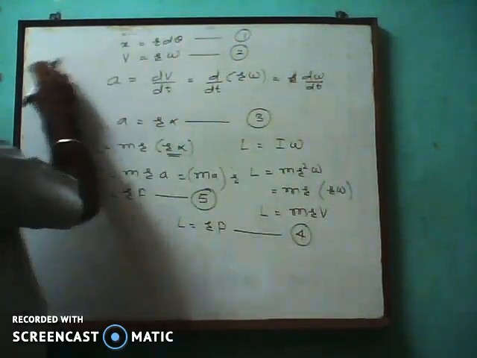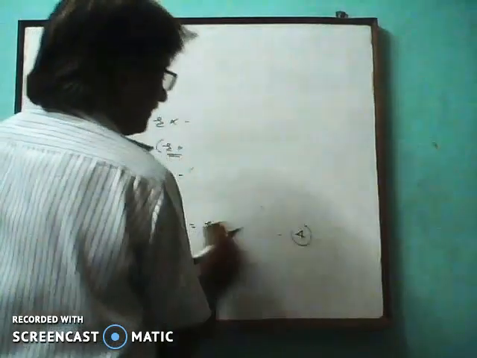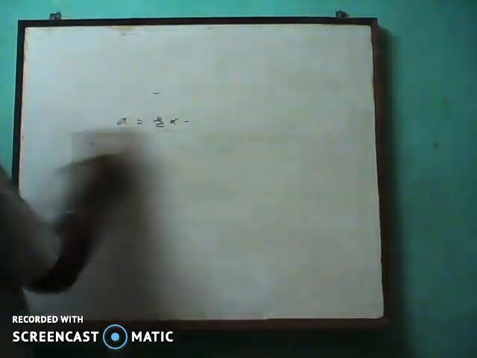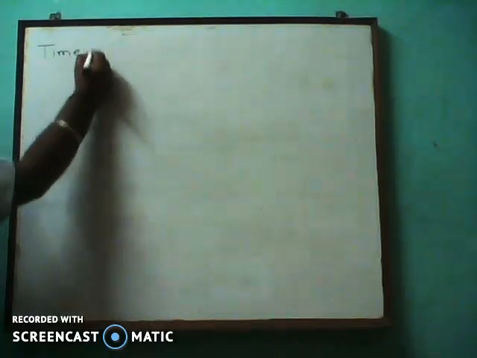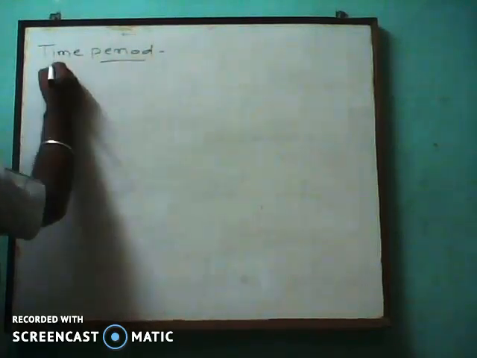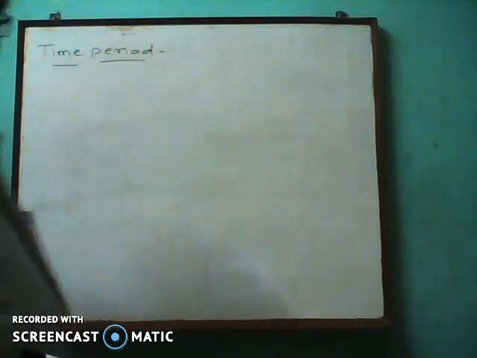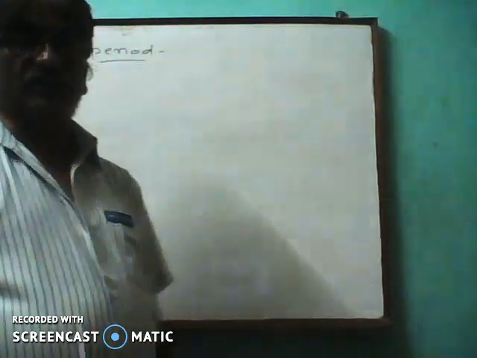Also see the formula for time period and frequency. Here time period is the time taken by the particle to complete one revolution.